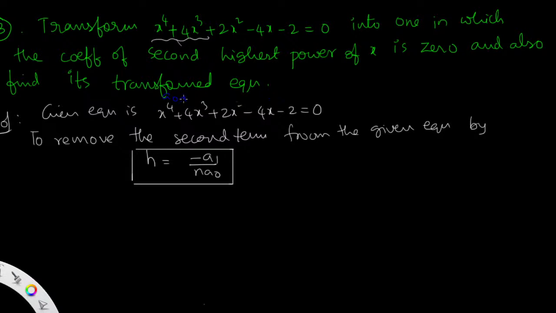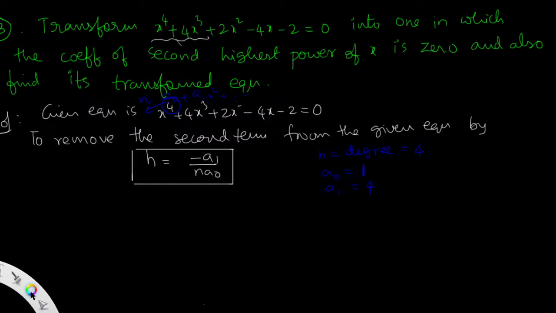Let n equal to the highest power, the degree of the equation, which is 4. Here a1 is minus 4, and a naught is 1, as per the given condition.